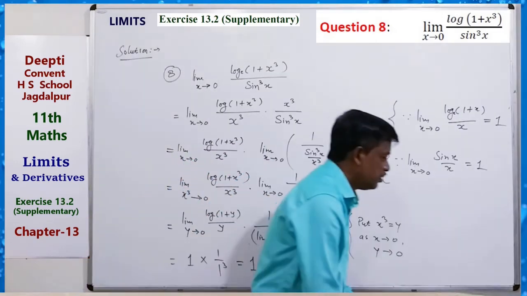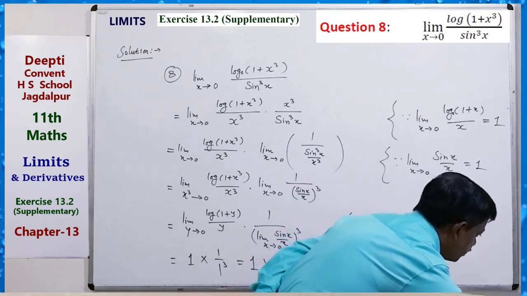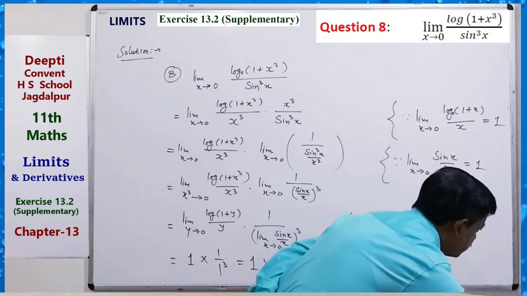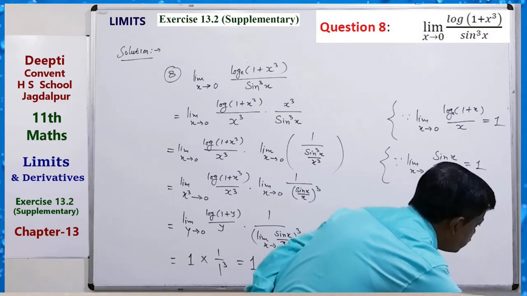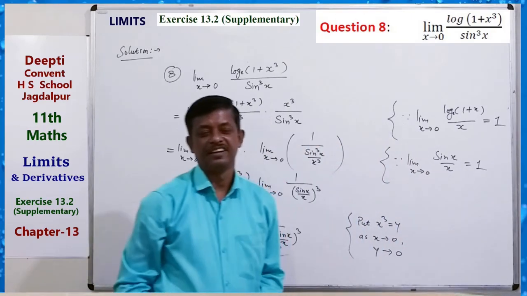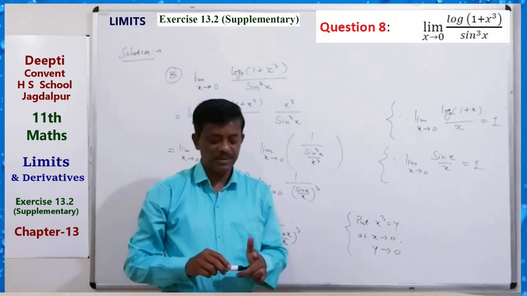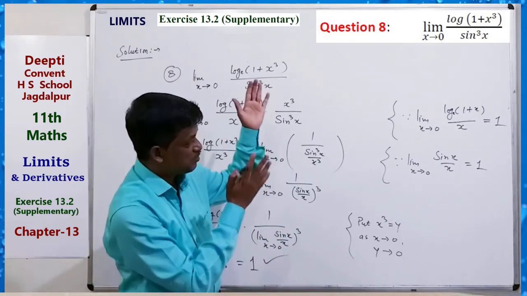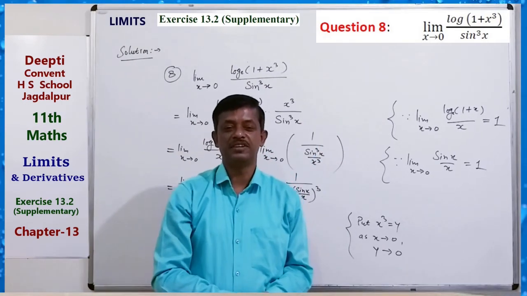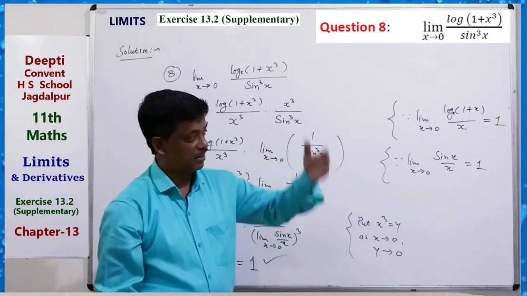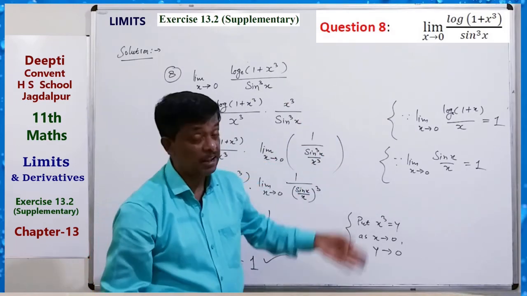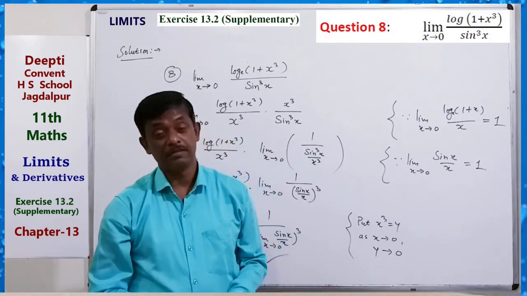Now this is up to 8. Exercise 13.2, supplementary exercise. A special formula for finding limits is very useful. This will also help for finding derivatives.